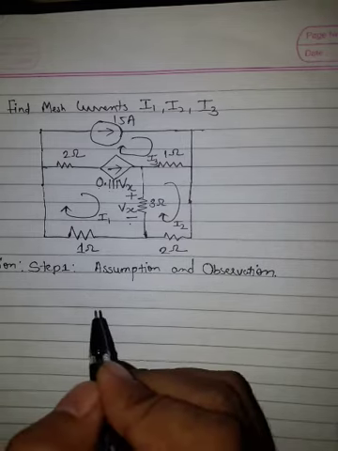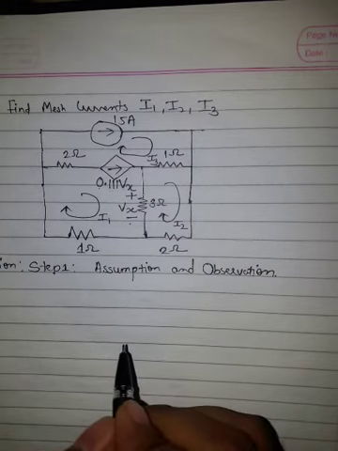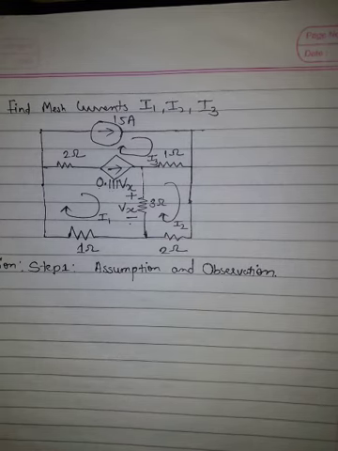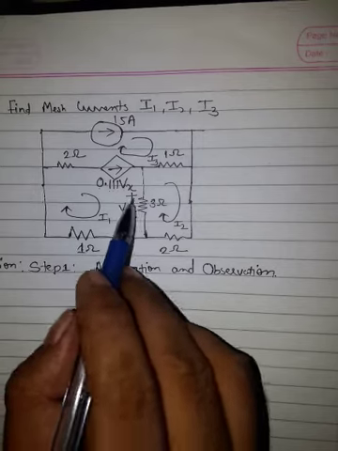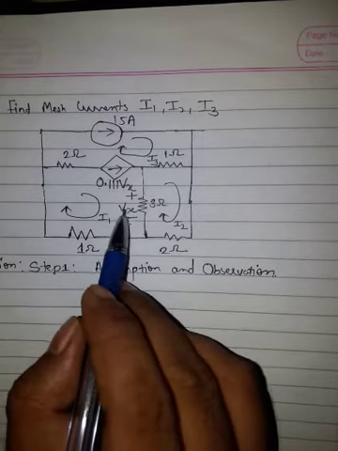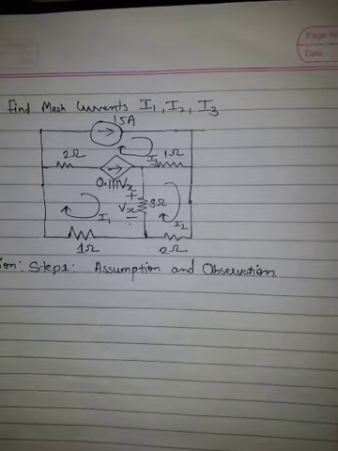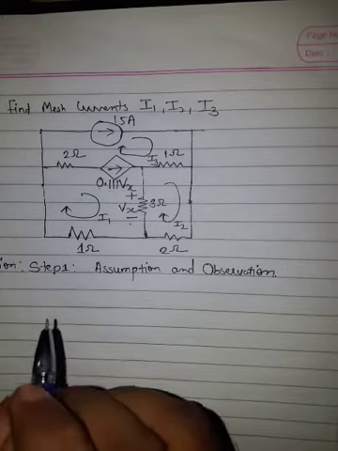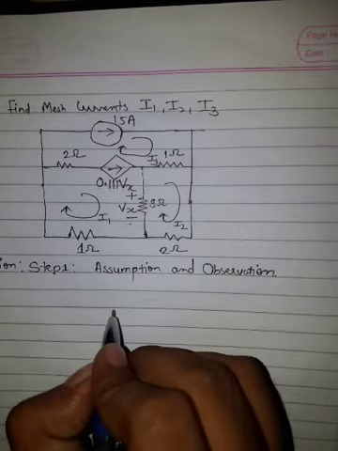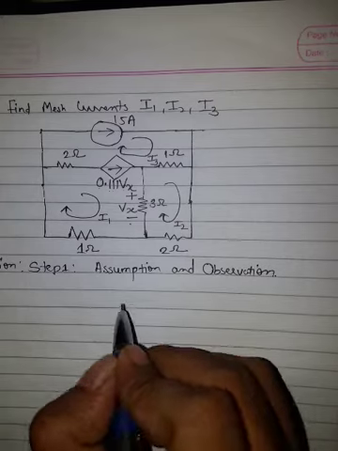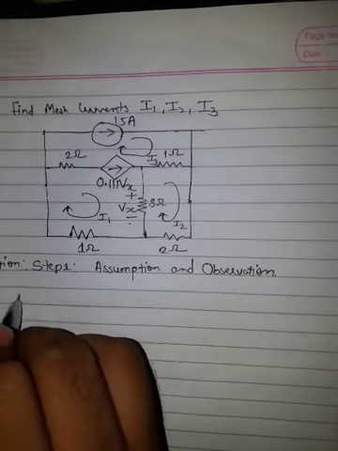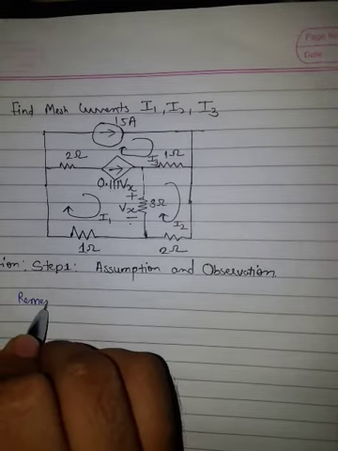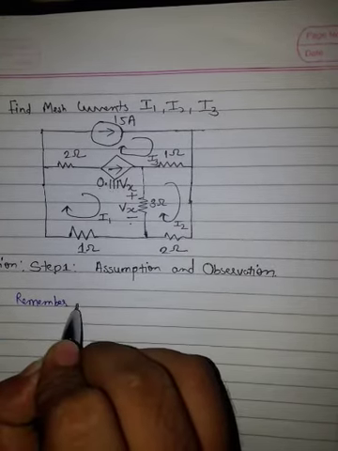So you can see, we have to remember one thing. Since polarities of Vx are also given, now how to write the value of Vx? This is the most important step. See, remember this basic concept.